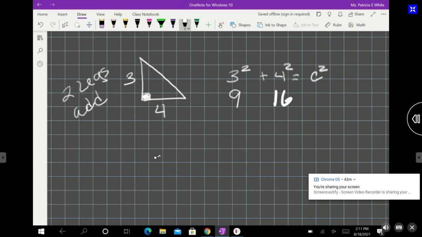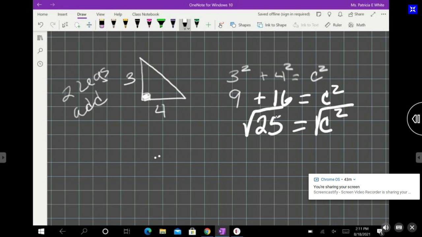Equals 25, alright, I'm adding so I get 25. And again, regardless of whether I add or subtract, my last step is always take that square root, 5. Right? C equals 5.